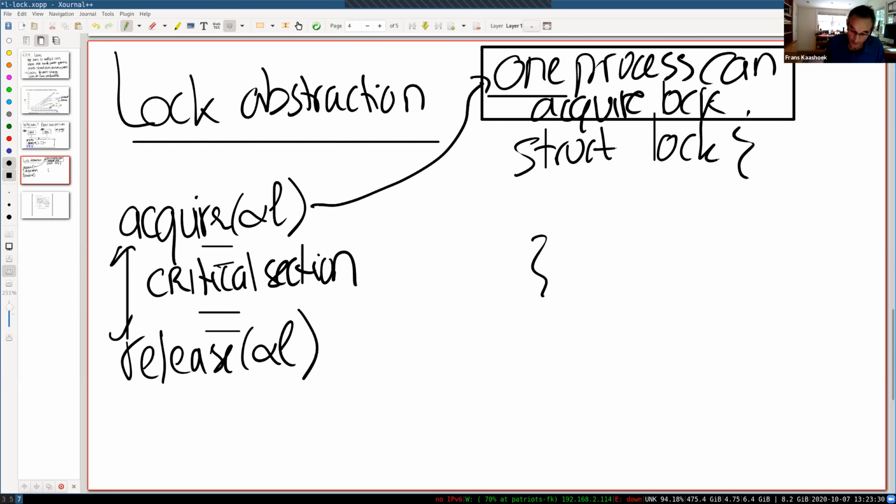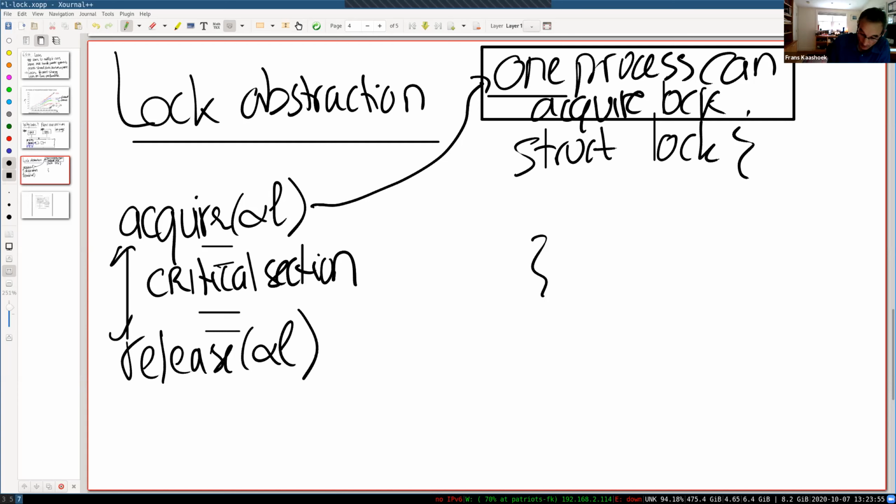So there's never a case where the instructions in the critical section are interleaved the way we saw in the race condition. And exactly that is what avoids these race conditions. Any questions about the lock abstraction?